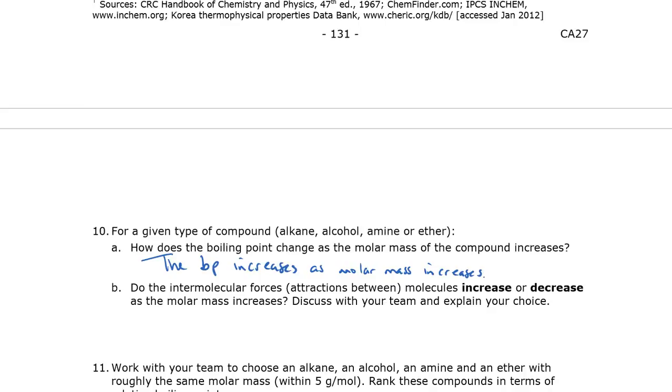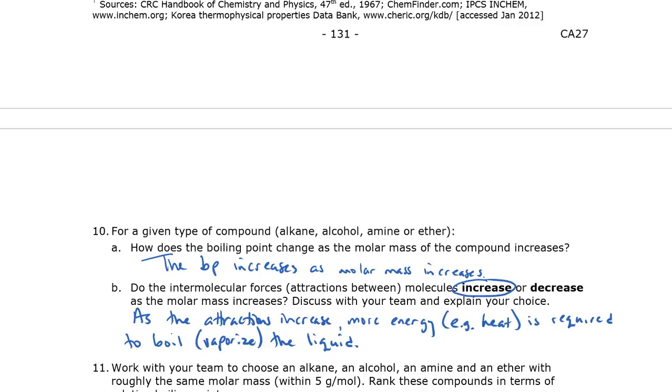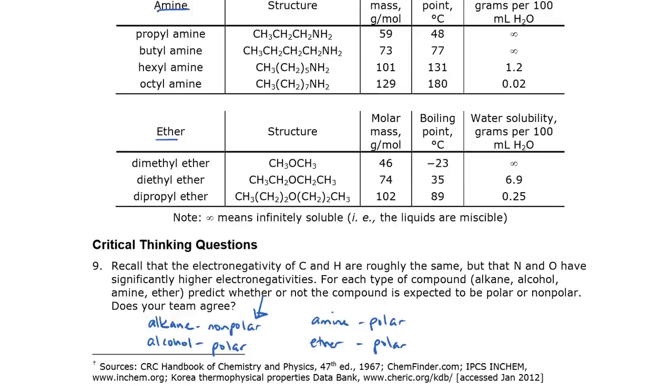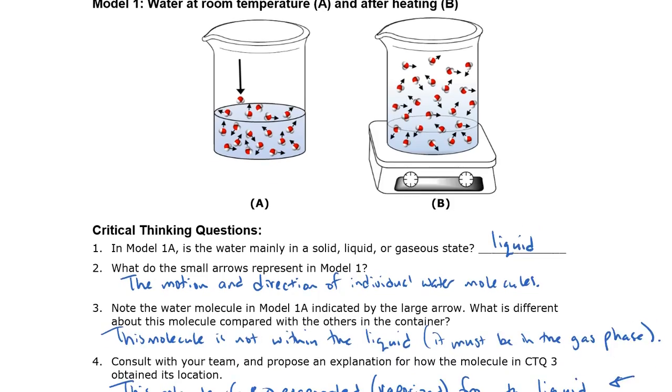Part B. Do the intermolecular forces, the attractions between molecules, increase or decrease as the molar mass increases? So circle a choice and then explain. Pause now. So did you say increase? As the attractions increase, more energy, such as heat, is required to boil or vaporize the liquid. So if I think about what boiling is, looking at the picture, it's giving those molecules enough energy to jump off the liquid and go off into the vapor.